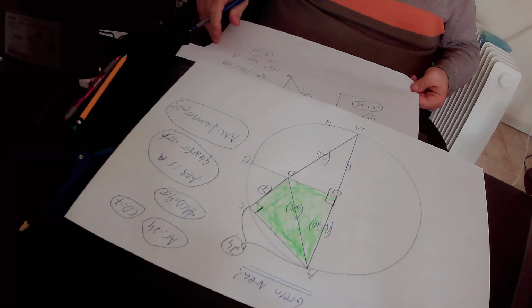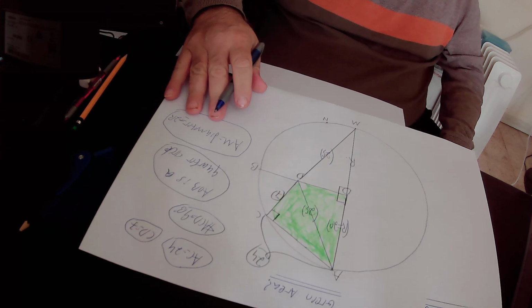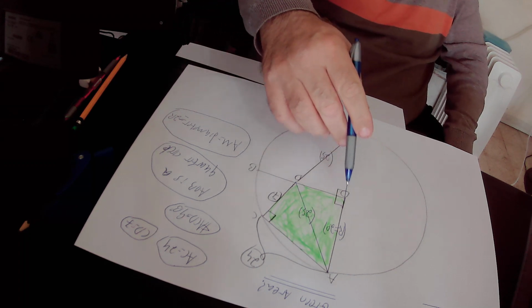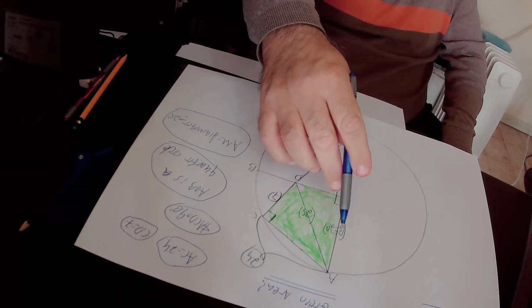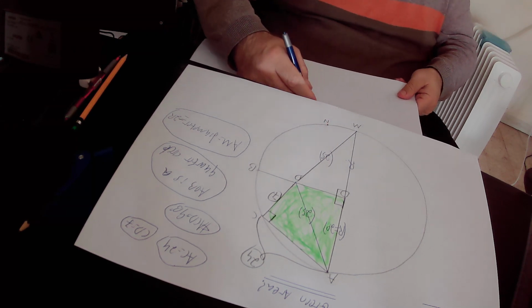In the next step, we'll implement the Pythagoras theorem on this right green triangle AOD. So I'll copy the right green triangle in a new page and we will implement on it the Pythagoras theorem.